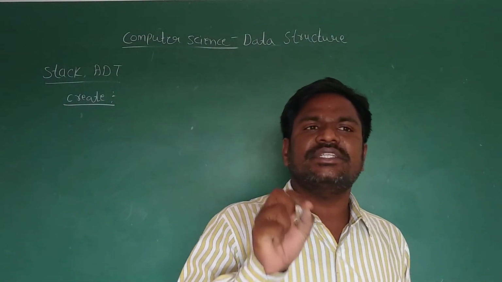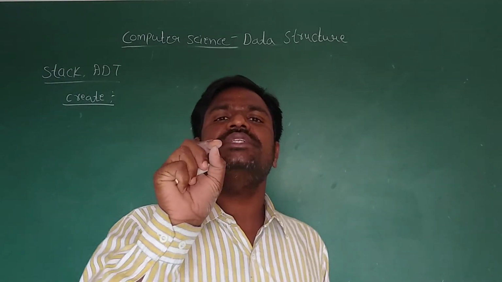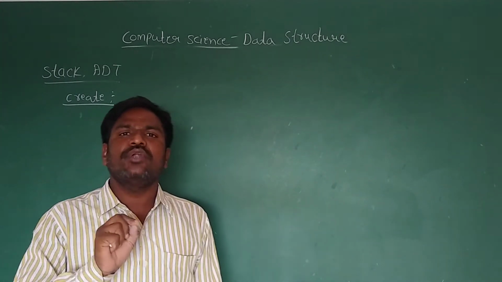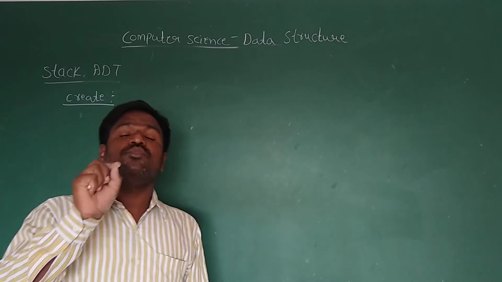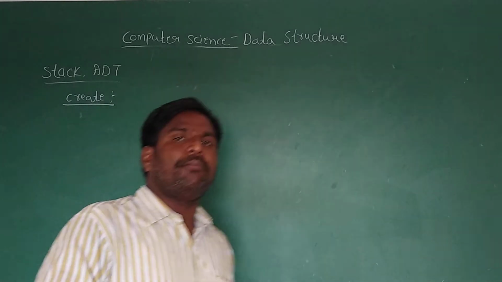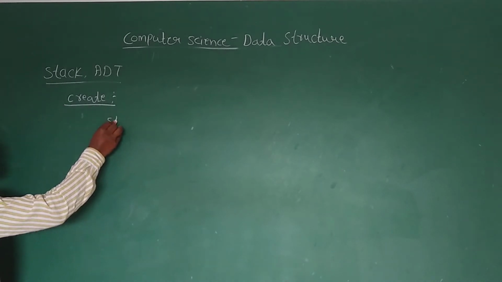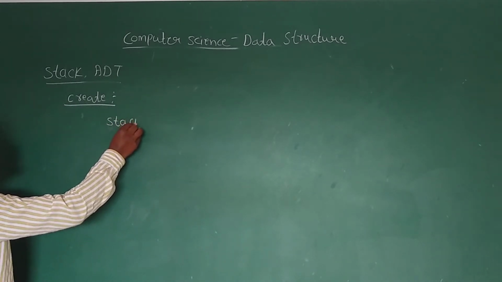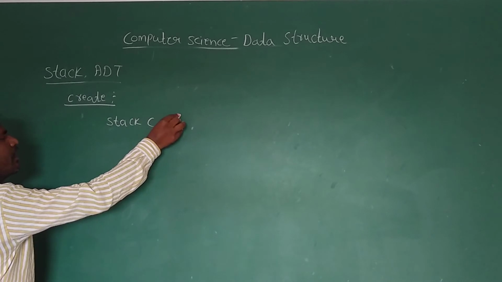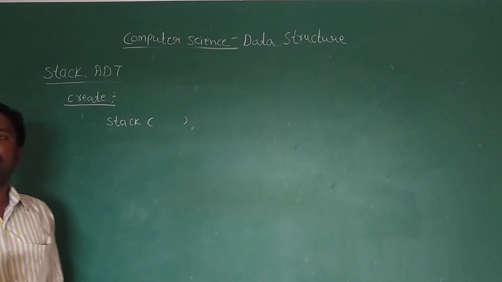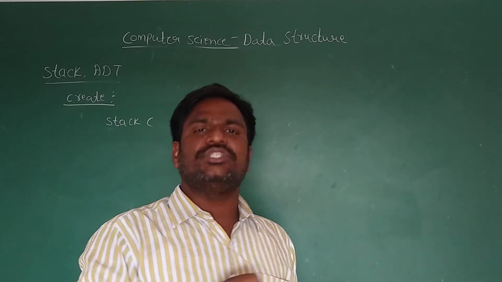We have to specify the size of the stack, and we have to assign the top value as -1. For that, I am using a stack constructor for creating an empty stack.